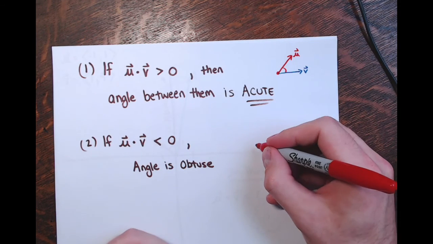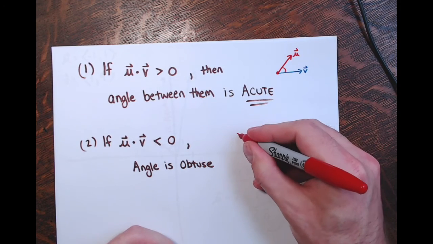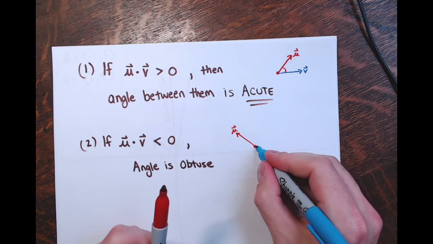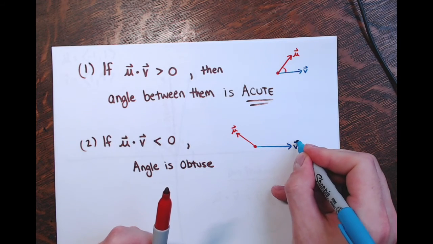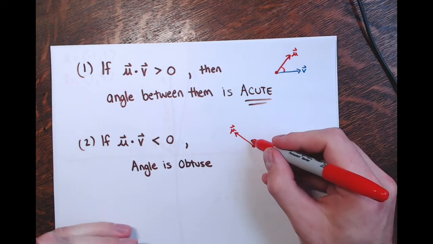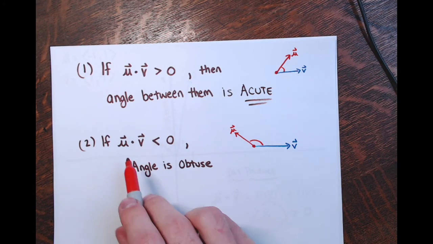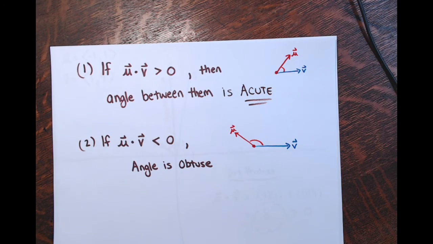So say this were vector u, and this were vector v, the angle between them is greater than 90 up to 180. Definitely obtuse. That's if the dot product is negative.